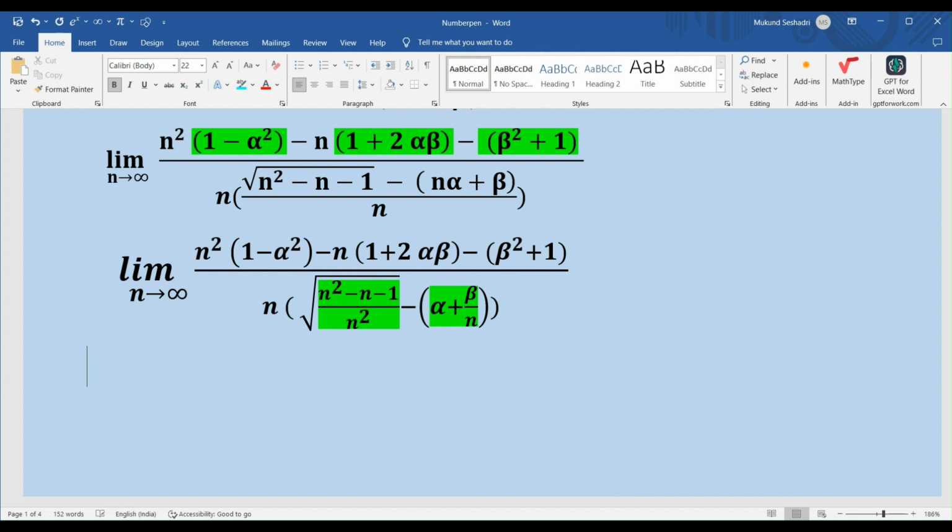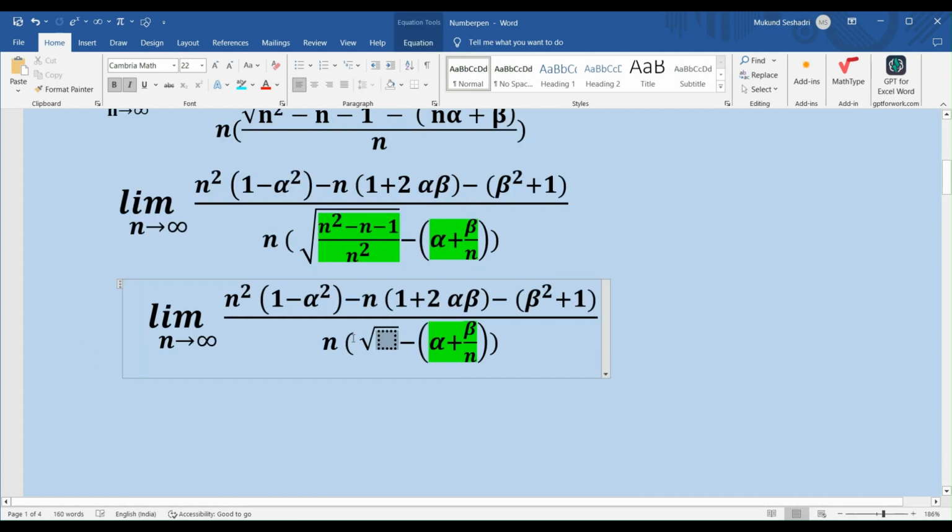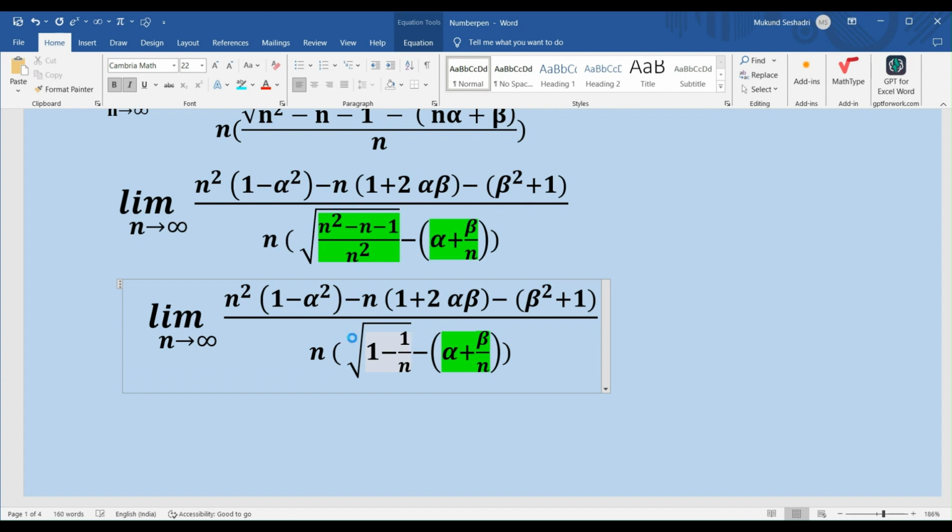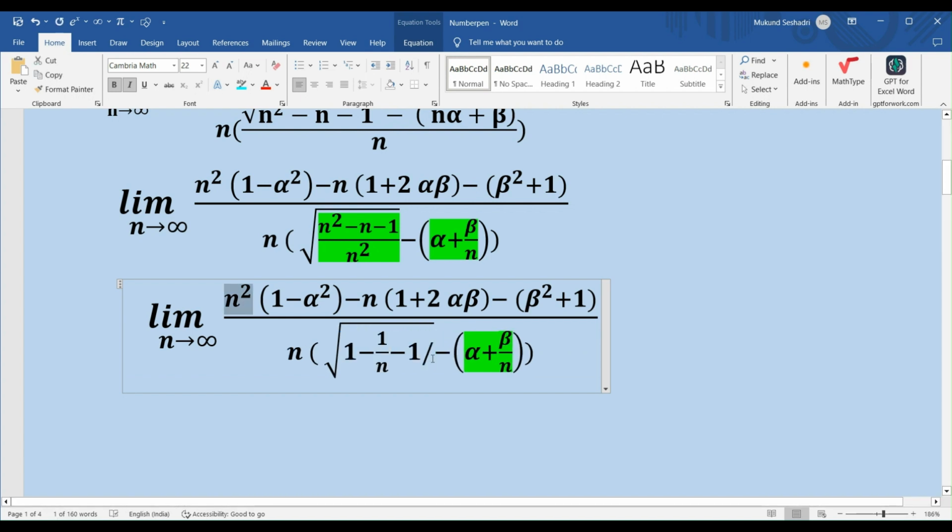So I'm going to further decompose the term inside the square root in the denominator. The first part of the term becomes a 1. The second part of the term is n by n square, which becomes 1 by n. And the third part is minus 1 by n square.